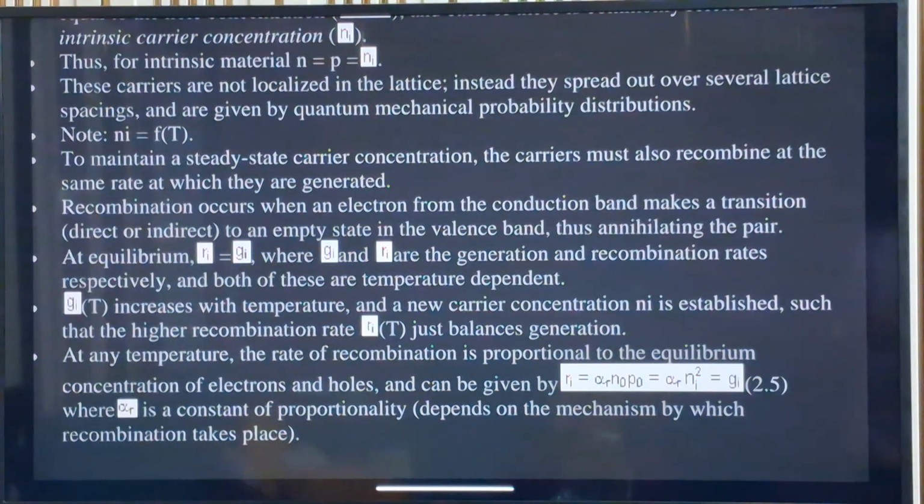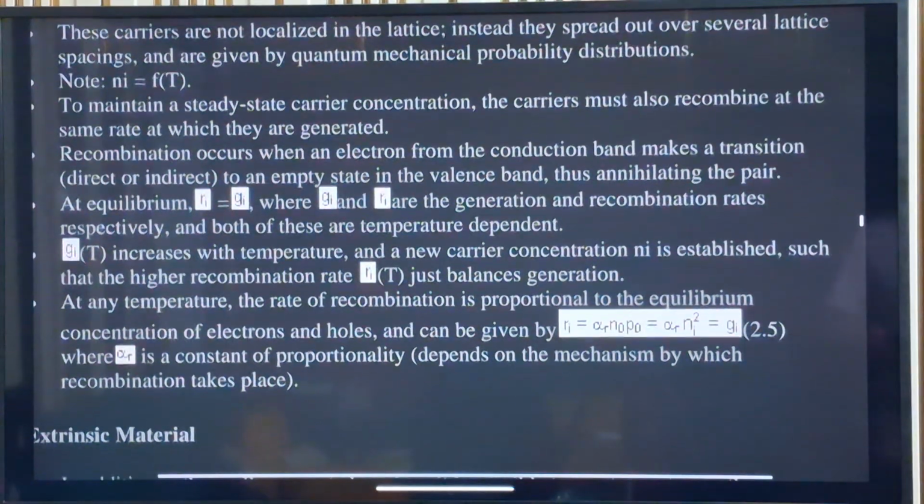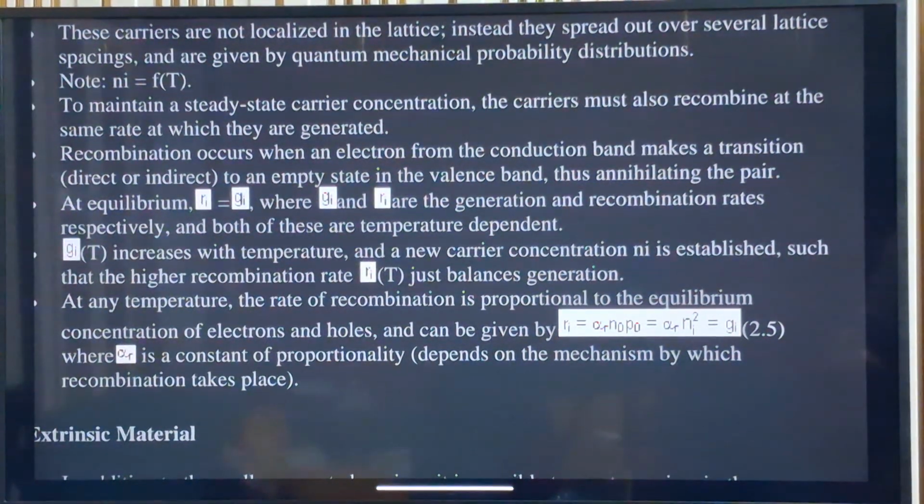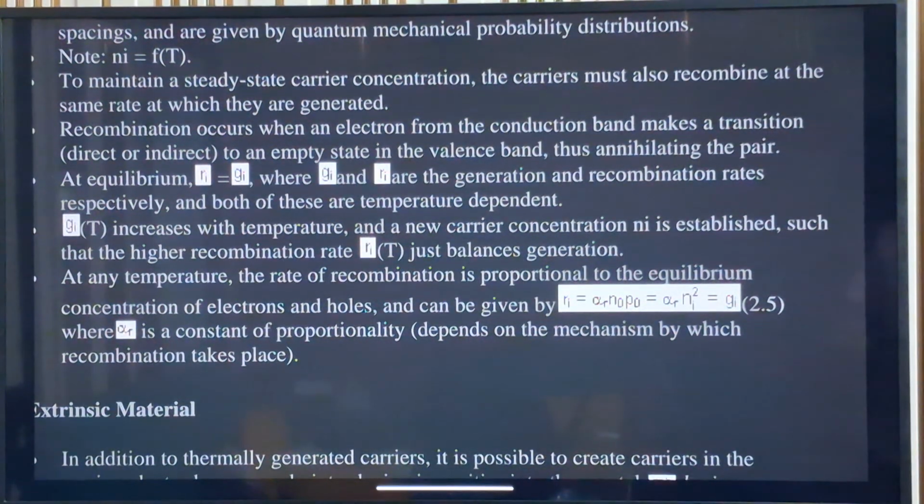That process, which we have already discussed earlier, is known as recombination, where an electron from the conduction band makes a transition. So either it will emit light or heat, as we have already discussed, and recombine with a hole once it reaches the valence band. So at equilibrium, Ri is equal to Gi, where Gi and Ri are the generation and recombination rates.